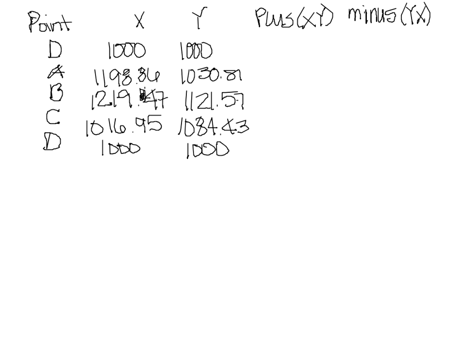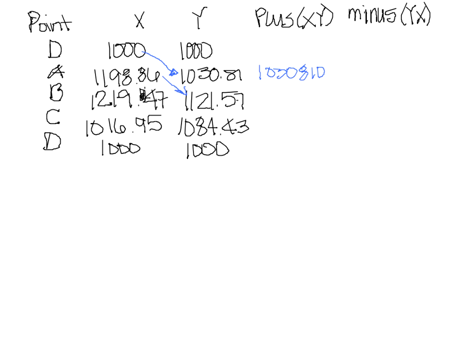I'm sorry. Okay, so let me change colors here because it'll make this much, much clearer. Let's use this blue. Okay. So plus XY, you're going to take 1,000 and you're going to multiply it times 1030.81, and you're going to get 1,030,810.